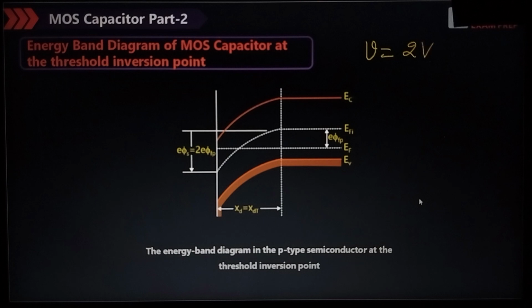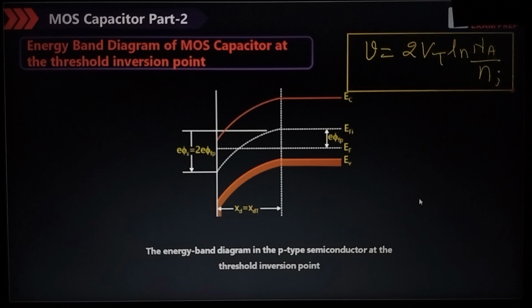Now watch this. What is the formula for the depletion layer? We derived it in the case of a semiconductor or a diode. What is the depletion layer capacitance? The depletion layer increases where the concentration is less. Here the depletion layer is negligible.